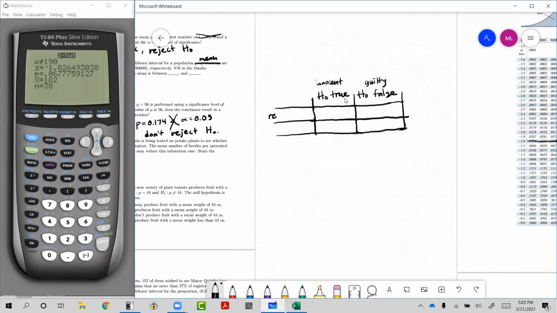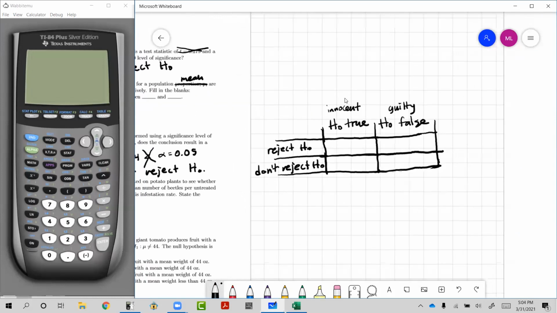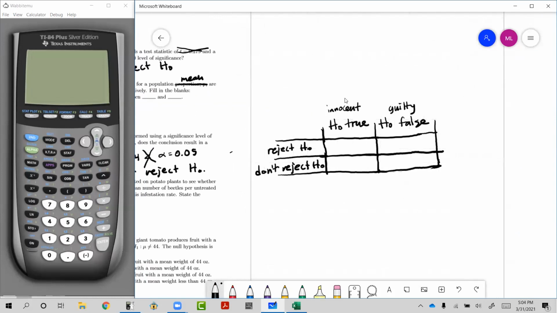We can either reject H naught, or we can not reject it. So we don't accept it, we just don't reject H naught. So basically, rejecting H naught is the equivalent of a guilty verdict, and not rejecting is a not guilty.